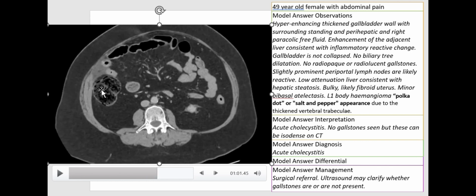This is the pericolic free fluid. All of these findings indicate acute cholecystitis.